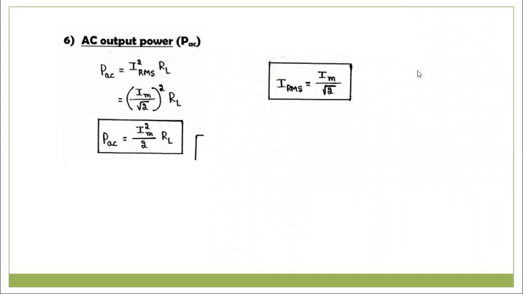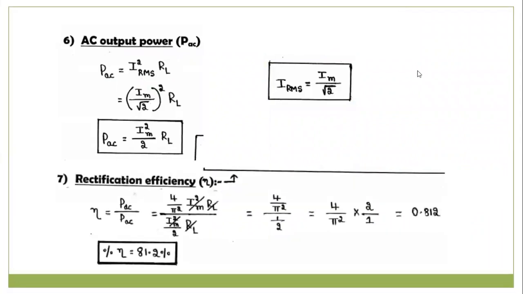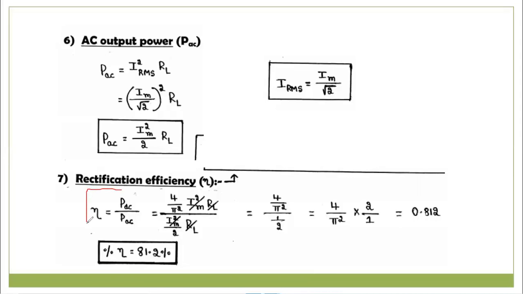After this, we have to calculate the rectification efficiency, the efficiency of the full wave center tap rectifier. The efficiency is given by the formula PDC divided by PAC.